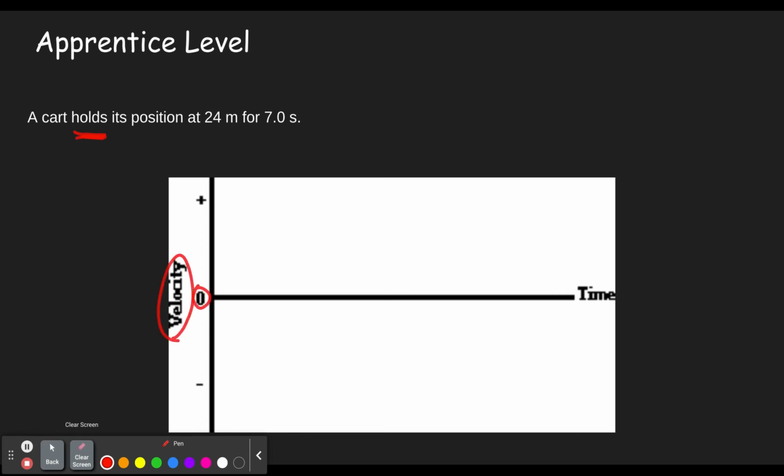The speedometer reads 0. So anytime you see this one, no matter what the numbers are, you'll see a straight line across. I guess it'll go across to the time because it says for 7 seconds. Okay, so that's what you'll see here. This 24 won't show up anywhere in the velocity time graph. It would be in a position time graph, but this concept builder is about velocity time graph.